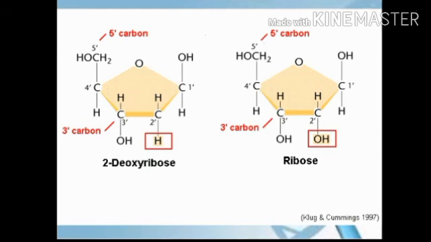But in DNA, the hydroxyl group of the second carbon is replaced with hydrogen and it is called 2-deoxyribose sugar. The molecular formula of deoxyribose sugar is C5H10O4.